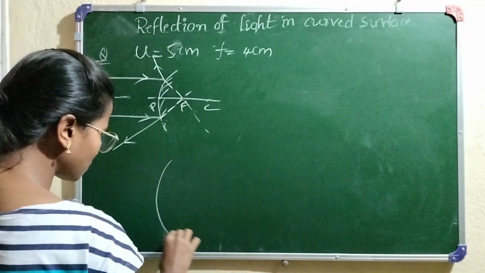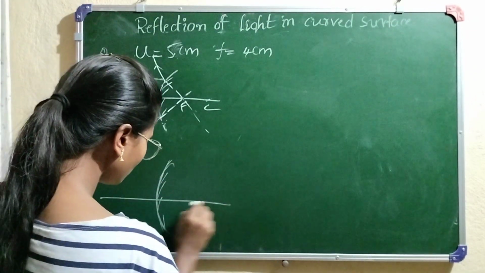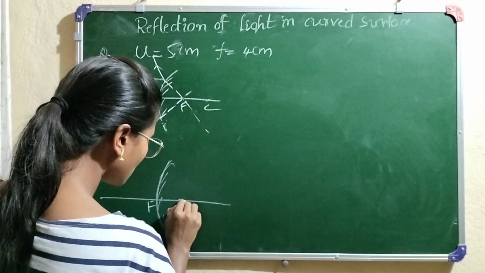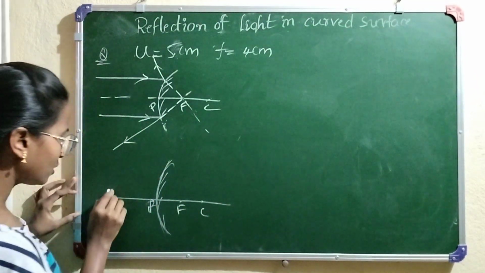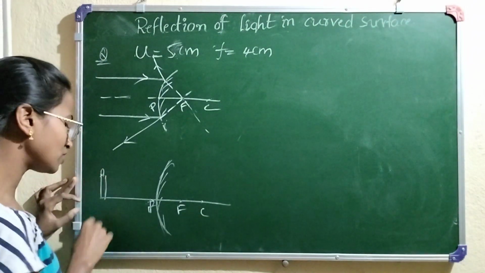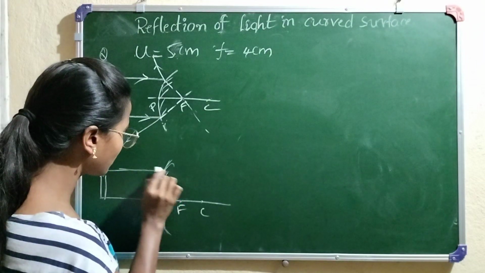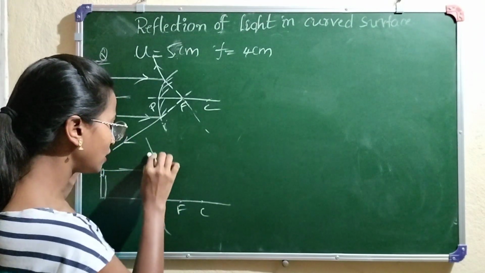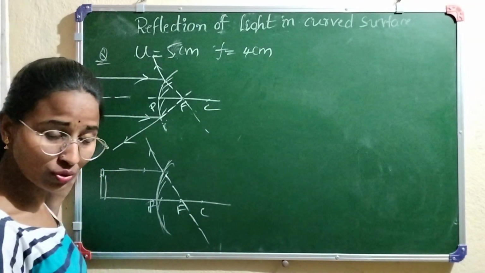Next case, let me explain this one also for understanding. Pole, focus, center of curvature, and the object is at a finite distance, which means a known distance. The ray will diverge, and if you extend it backwards it passes through the focus.